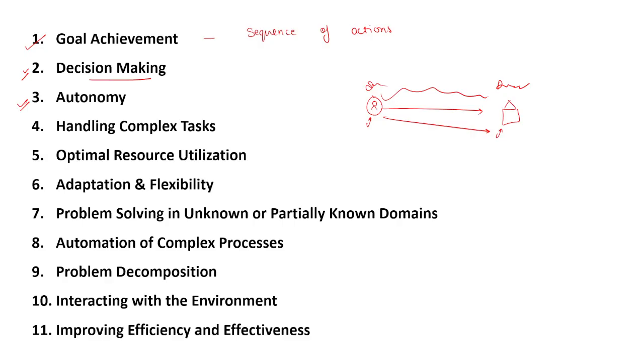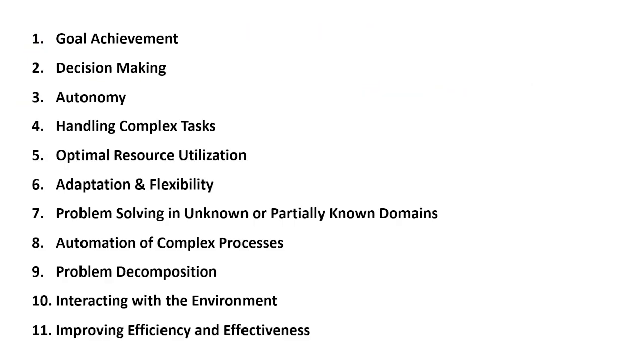So a planning system allows AI to break down a complex task into manageable subtasks, ensuring that the system can handle multi-step problems efficiently, such as in robotics, autonomous vehicles, or strategic games. All right, everyone.